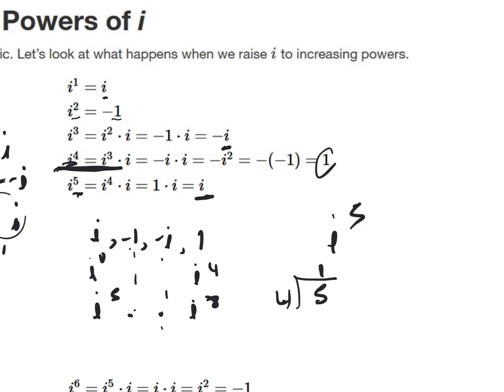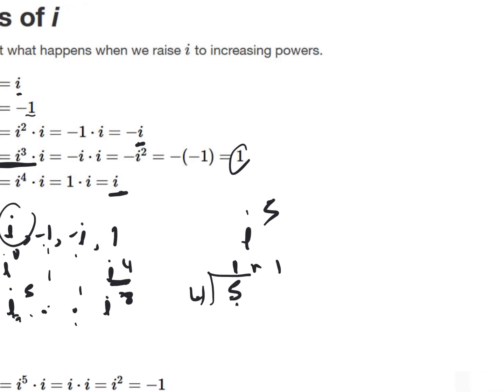What's the remainder? 1. So that puts us at the beginning of the pattern. Because at the end of 4, we were here, right? A 1. So 1 more puts me in this spot, which gives me the same answer as i. i to the 5th should be i.